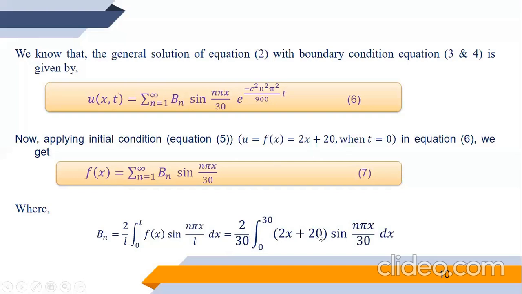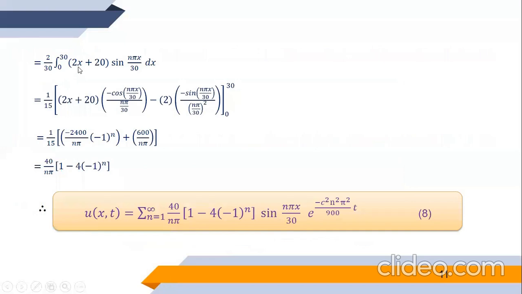So we evaluate the integration using integration by parts. So this is u and this is v. So u integration of this term minus derivative of this term is 2. Again integration of this term, this 0 to 30.